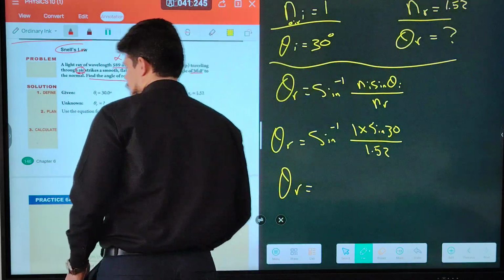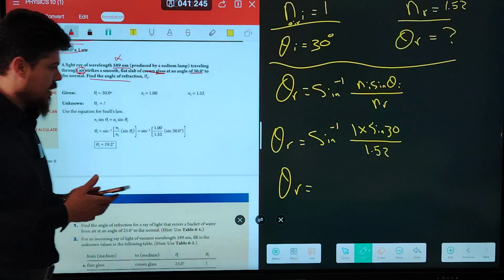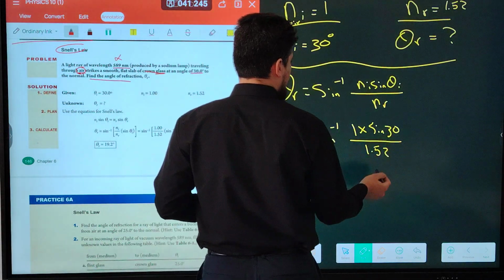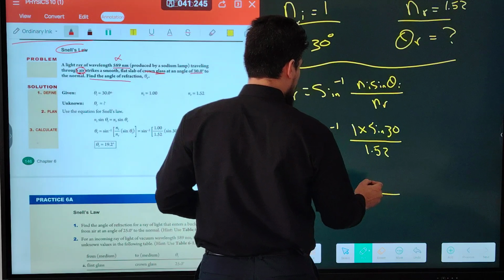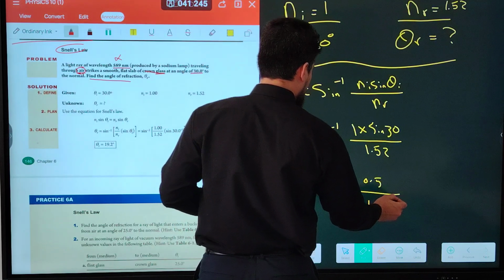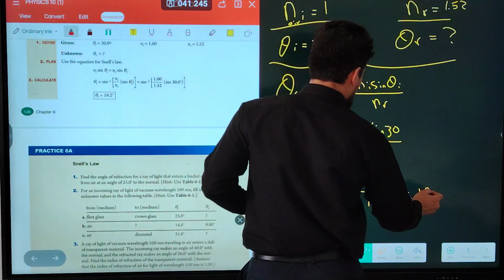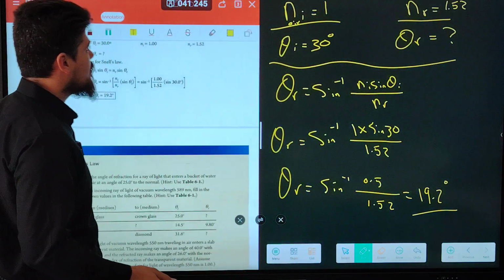Theta R is equal to what? Guys, use your calculator to determine theta R. Sine 30 is 0.5. 1 times 0.5 over 1.52 is equal to 19.2. 19.2 degrees is the angle of refraction.